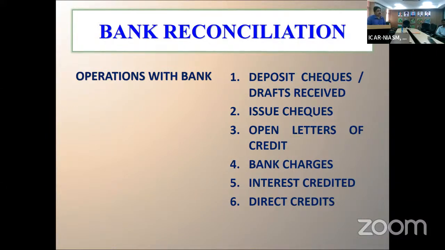What do we do with the bank? First, we may have to deposit checks, or we may have to deposit any draft, whatever we have received. We may issue a check. We may open a letter of credit, LC. The bank may debit certain charges from our account, or the bank may credit interest to our account.